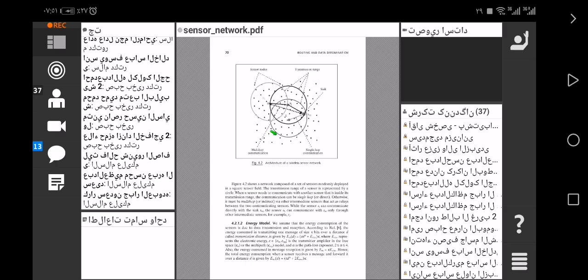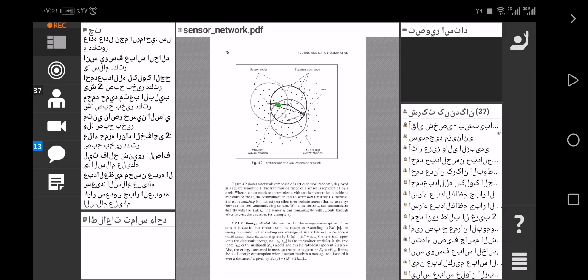Another definition: multi-hop communication and single-hop communication. This is node SK, and this is the transmission range for SK.